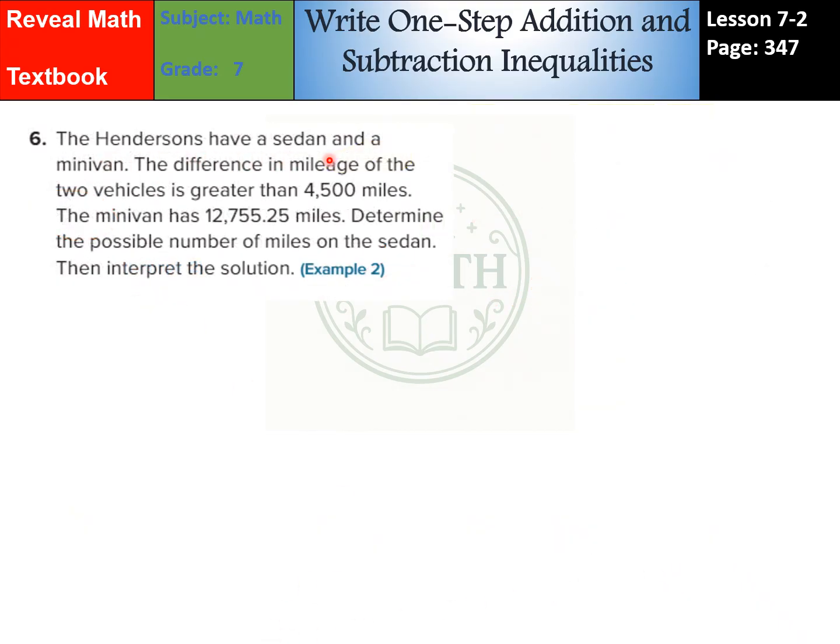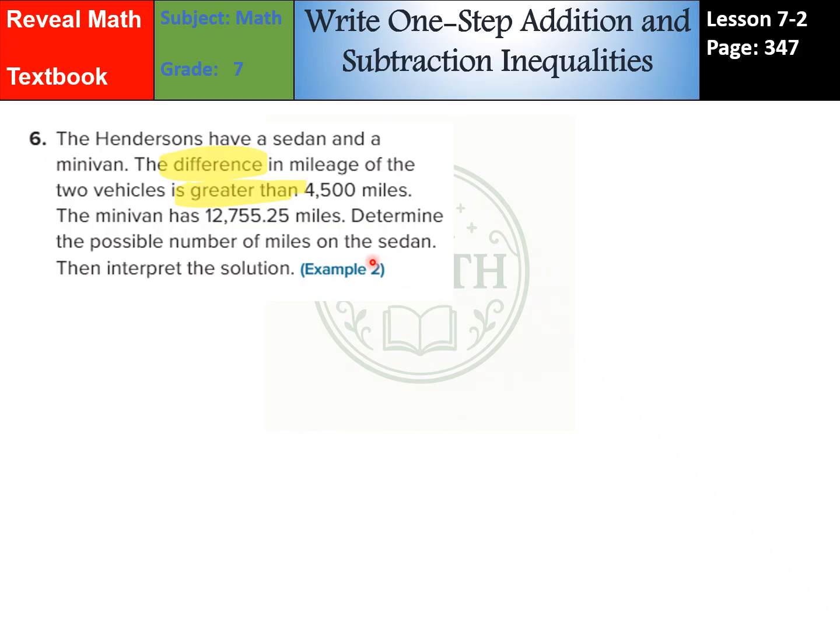The Hendersons have a sedan and a minivan. The difference in mileage of the two vehicles is greater than 4500. Greater than means you use the greater than inequality, and difference means it is a subtraction equation. The minivan has 12,755.25 miles. Determine the possible number of miles the sedan has.